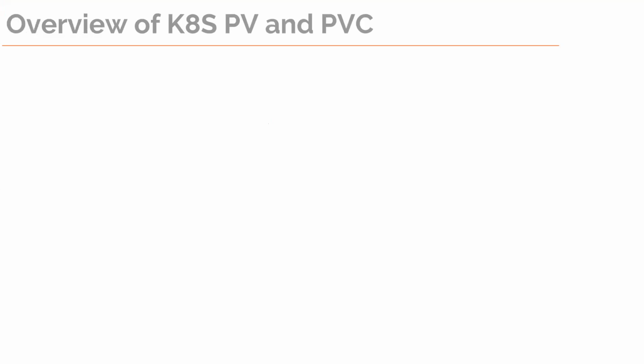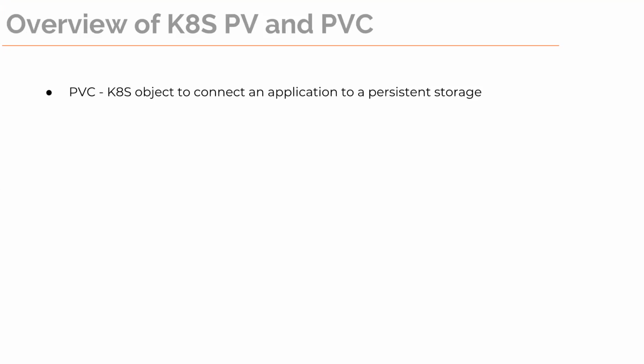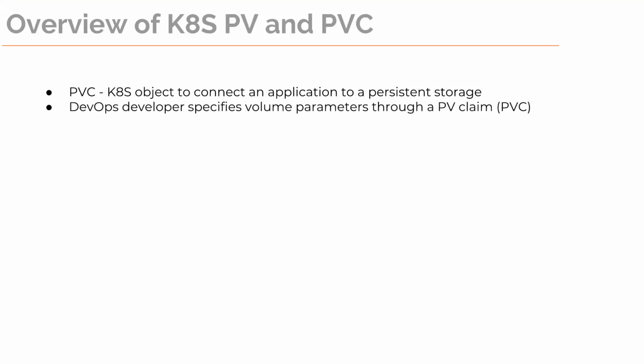It's pretty simple how Kubernetes has designed the persistent volume and persistent volume claim. It's an object to connect an application to persistent storage. That's what the persistent volume claim is. And the claim is asked for by the DevOps developer, and the DevOps admin is responsible for actually satisfying a persistent volume claim.